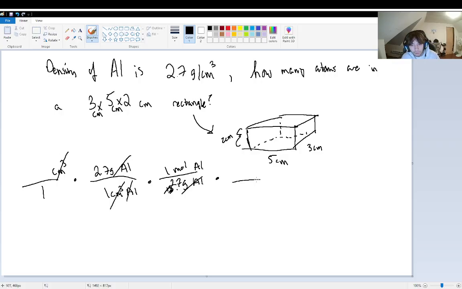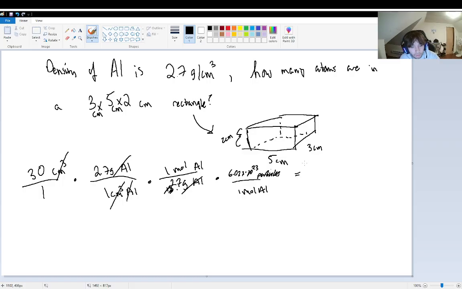So 1 mole Al is in 6.022 times 10 to the 23 particles. And 3 times 5 times 2 is 30.